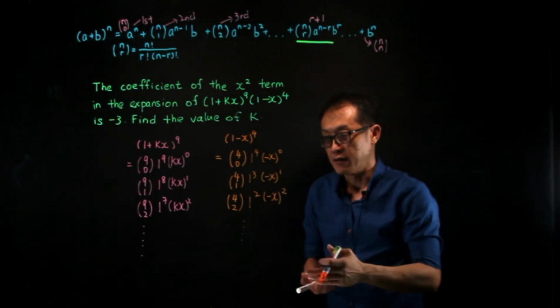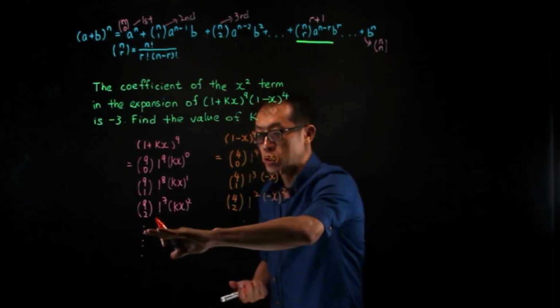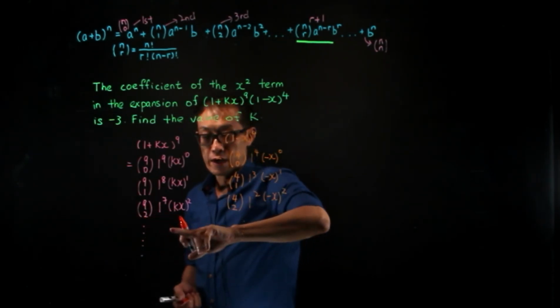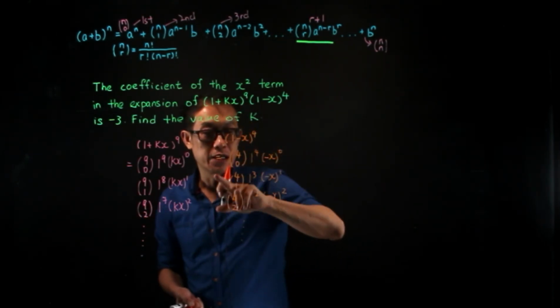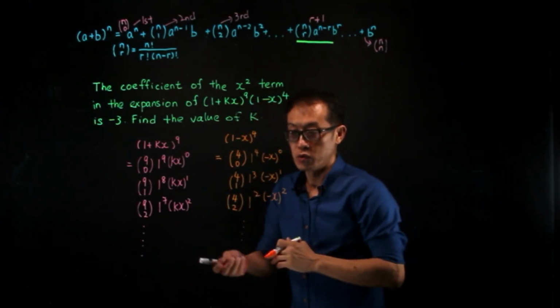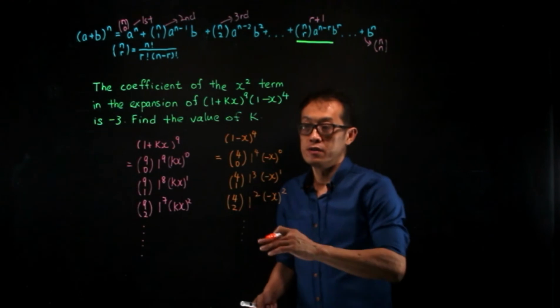Likewise for here, the lowest power after the x squared will be x cubed. You multiply x cubed with any terms here, the power will be higher than x cubed. So we can stop the expansion here.